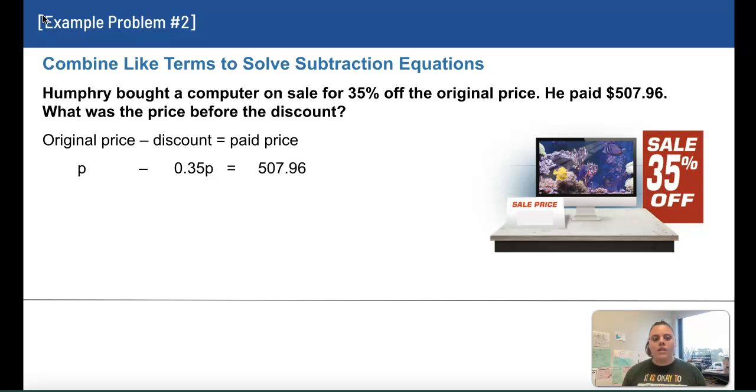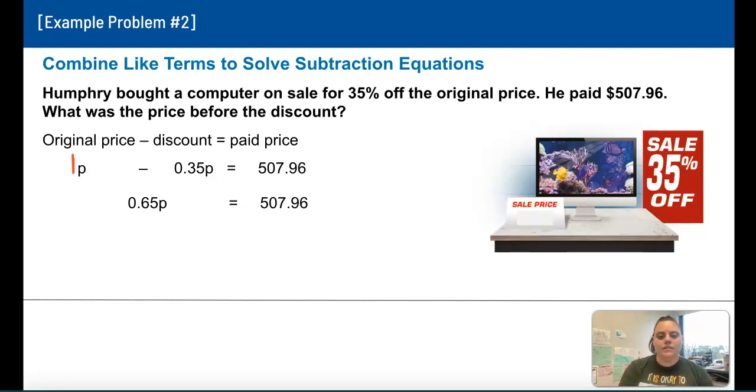$507.96. Now we can simplify the left side of this equation where 1p or 100% of the price minus the discount is going to end up being 0.65. So remember that there is a nice little 1 here, and so it's 1 minus 0.35, and you get 0.65.